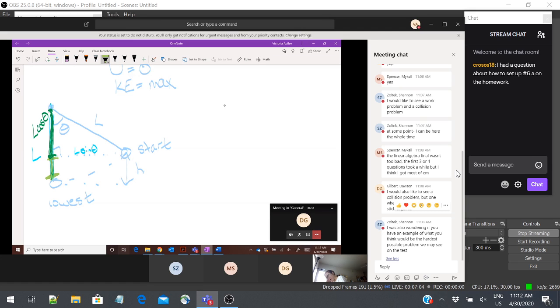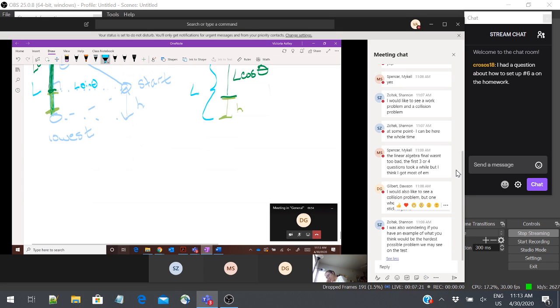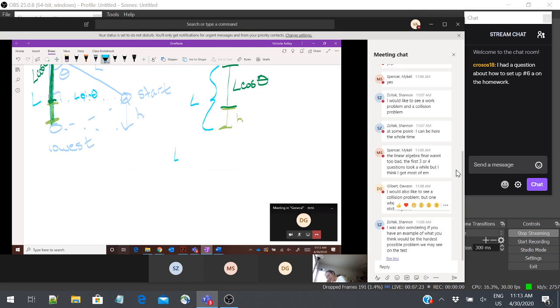You have a piece that's h, you have a piece that is L cosine theta, and together they add up to be L. So L equals h plus L cosine theta, h equals L minus L cosine theta.